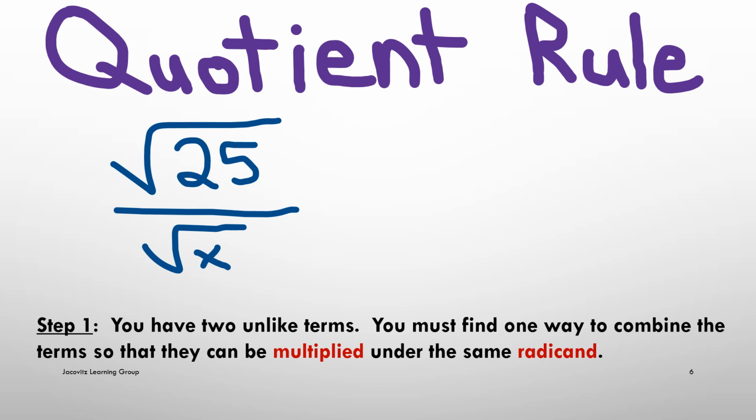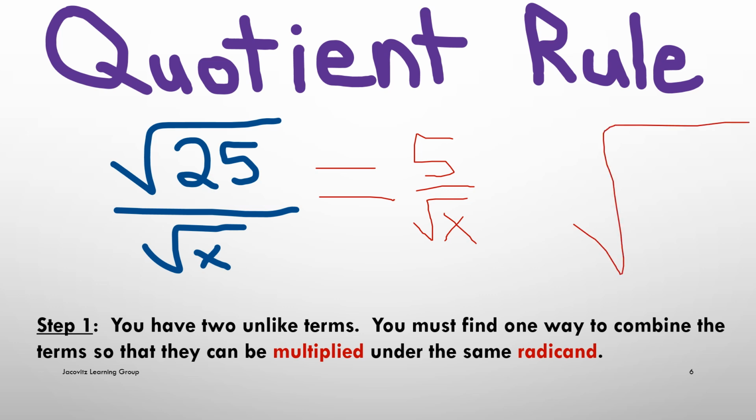Okay, now you have a quotient rule here. You have 25 over the square root of x. A lot of people are ready to go ahead and do this and go 5 over the square root of x, and you can do that, but we're forgetting a real simple situation: what's really going on is this is 25 over x with a radical sign there, the square root sign.